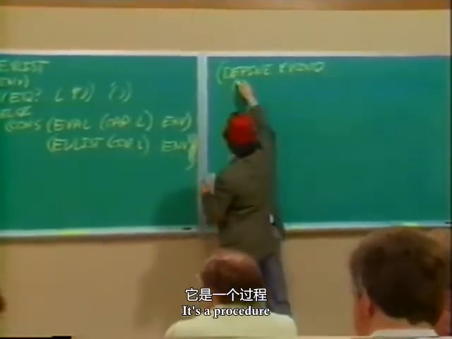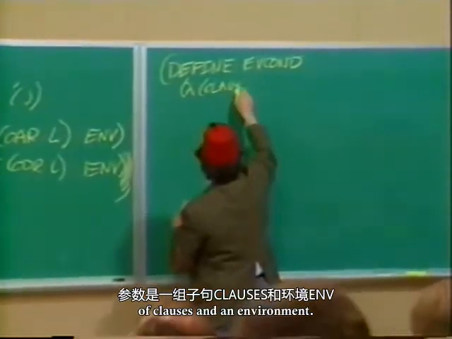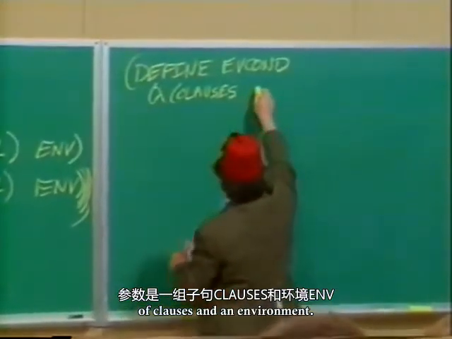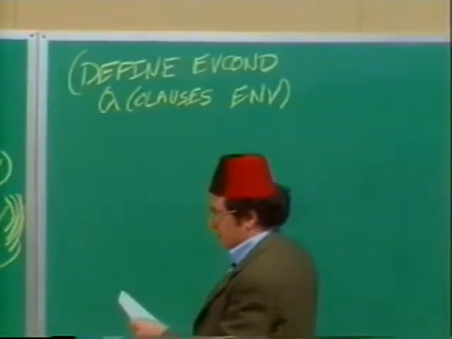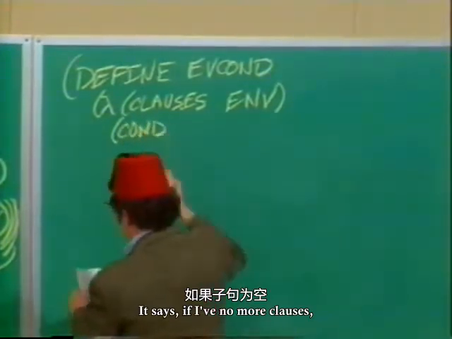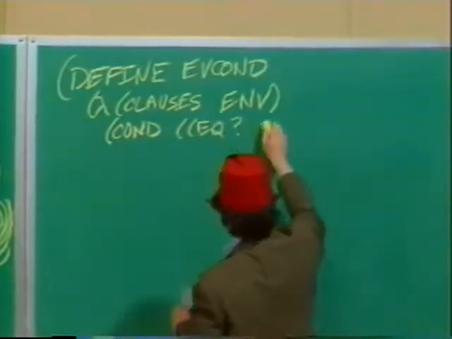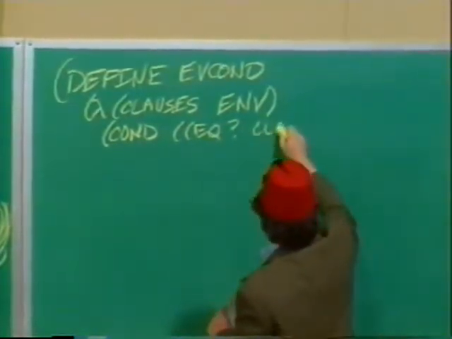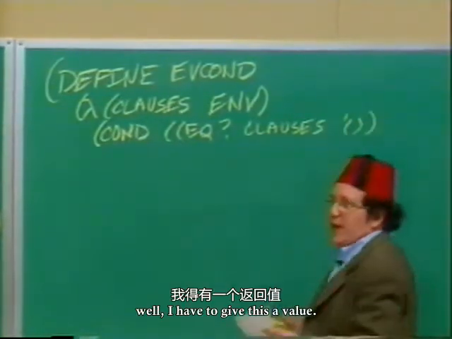Okay. It's a procedure of a set of clauses and an environment. And what does it do? It says, if I have no more clauses, well, I have to give this a value.